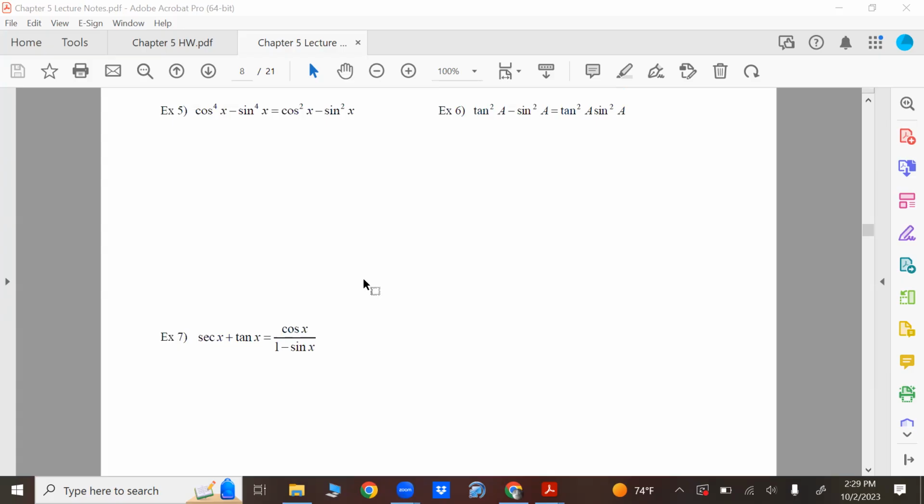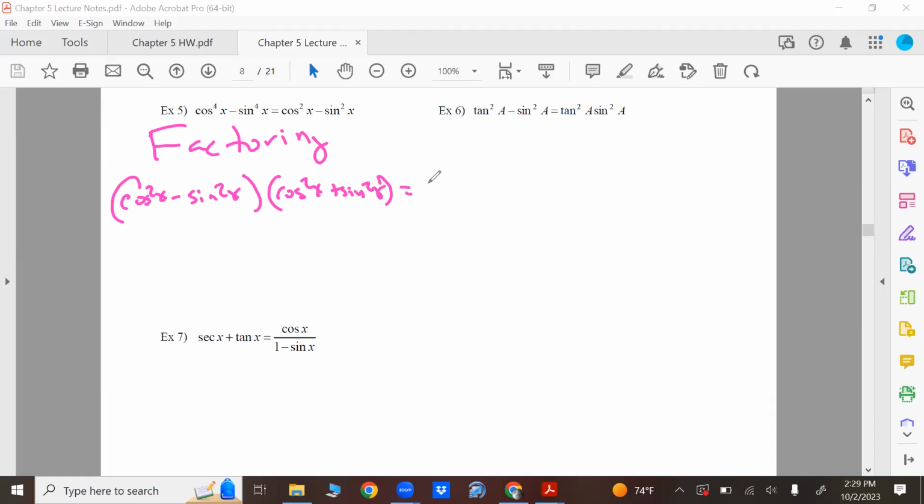Right. So example 5, I would consider factoring. Factoring is a big deal. So you have cosine squared x minus sine squared x, times cosine squared x plus sine squared x, equals the other side.